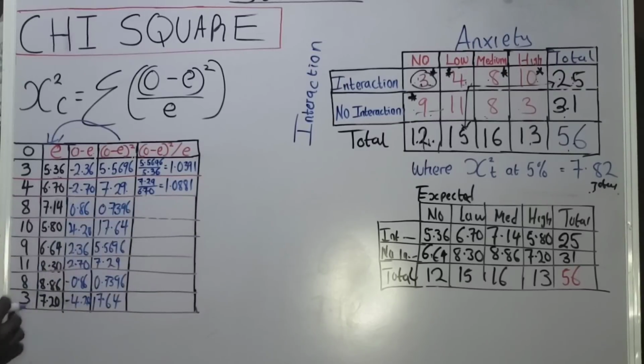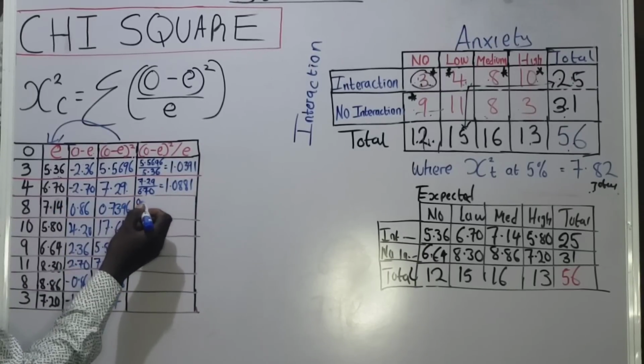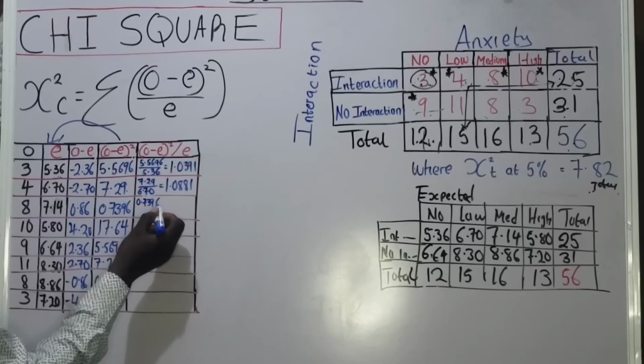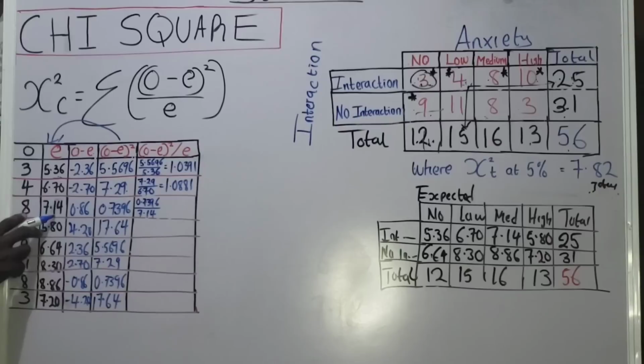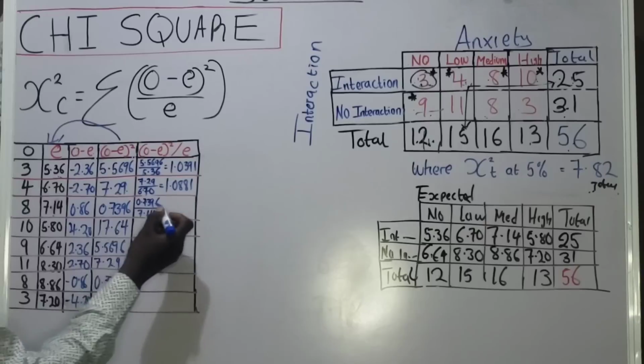Now let's get the value of these cells. What are we going to square? What are we going to divide? We're going to divide this by 7.14. So I'm going to have 0.7396 all over 7.14. This is the expected that corresponds to 0.7396. The value of that one is 0.1036.